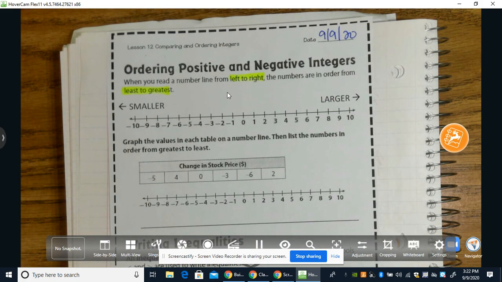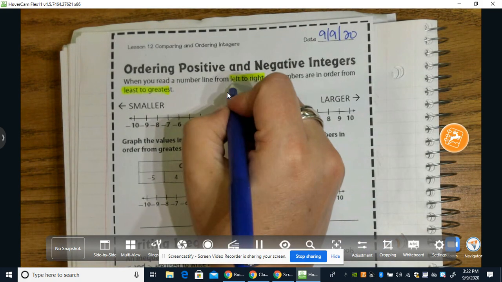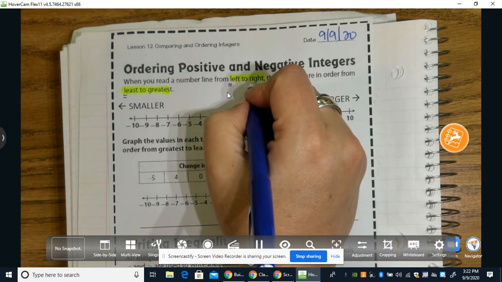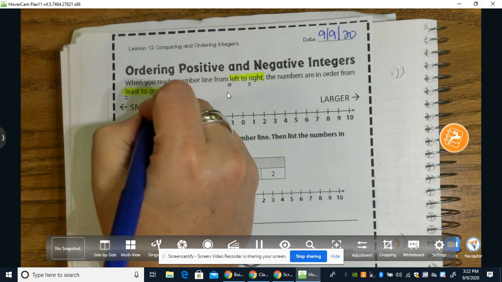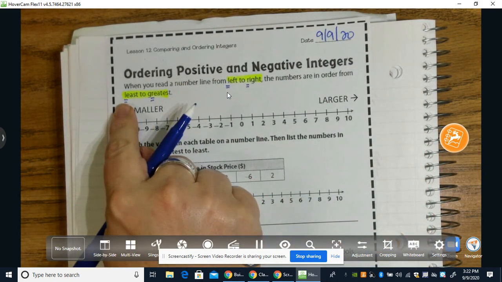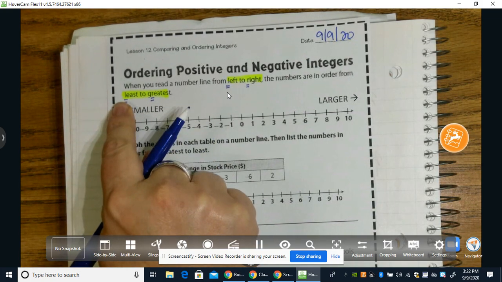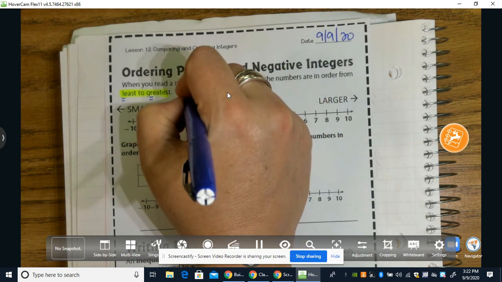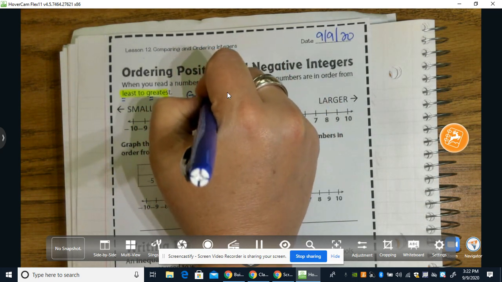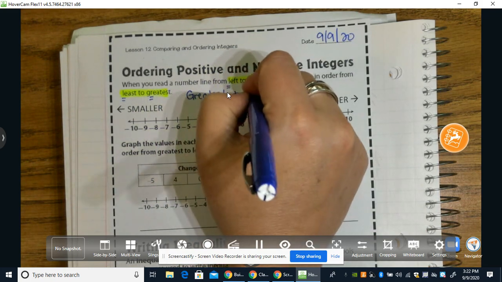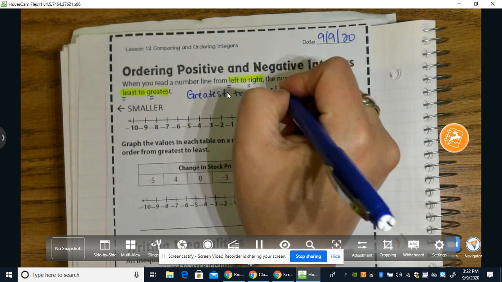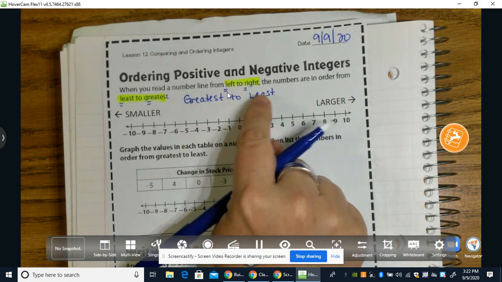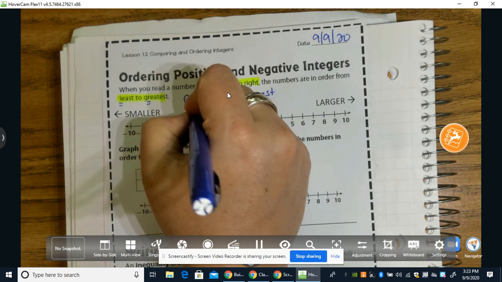So if you look closely, left starts with L, least starts with L. Right has an R in it, greatest has an R in it. So if you're going to read from least to greatest, you're going to read from left to right. Now, the opposite happens. If you're going to read from greatest to least, R to L, you're going to read from right to left.